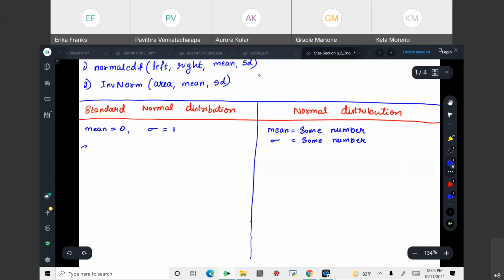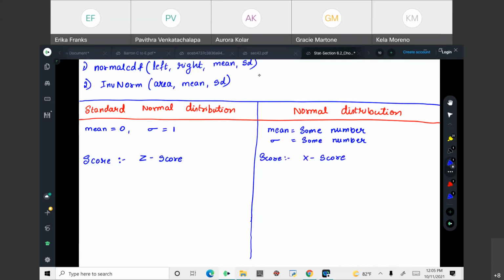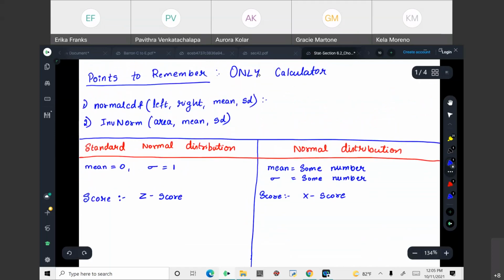Now, what score do we have to calculate when it comes to standard normal distribution? It is the z-score. Here, the score will be the x score. Now, why do we use this formula? Normal CDF is used to calculate the area.